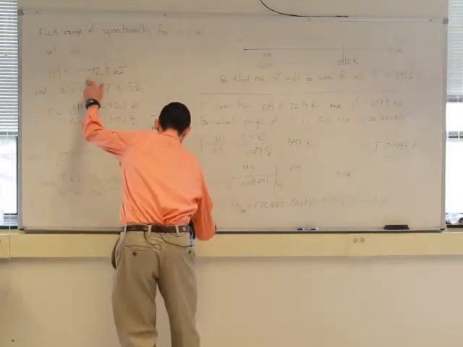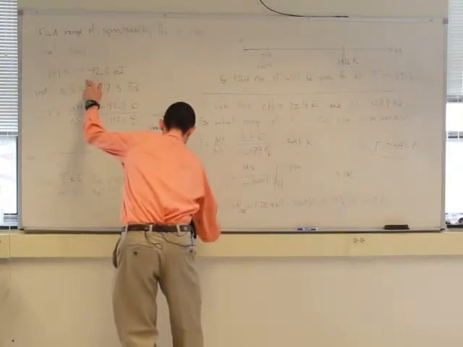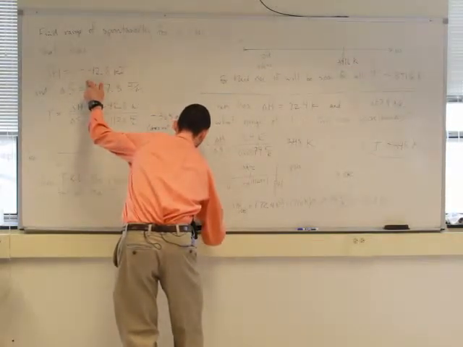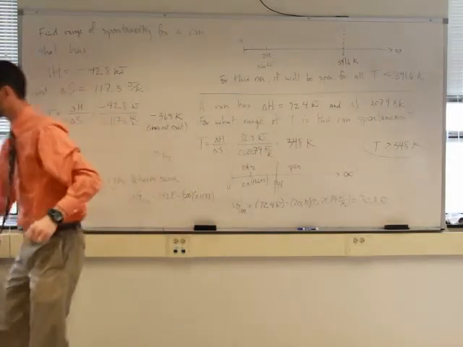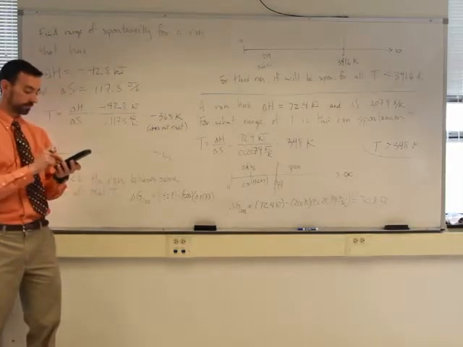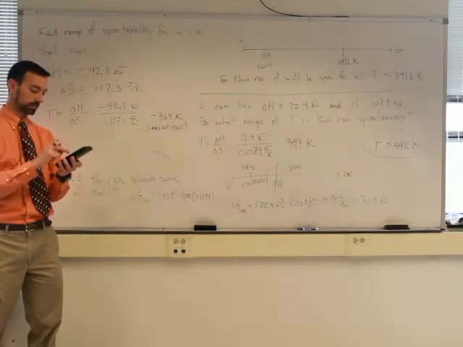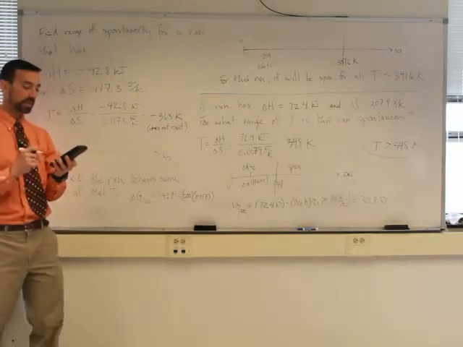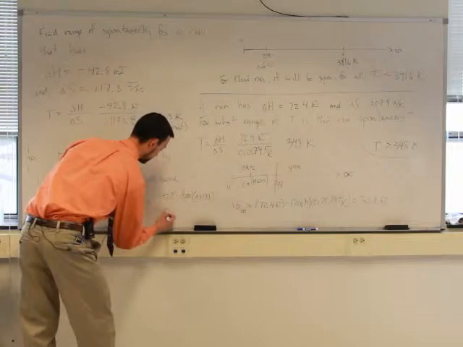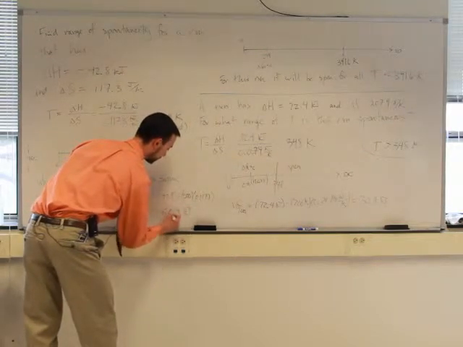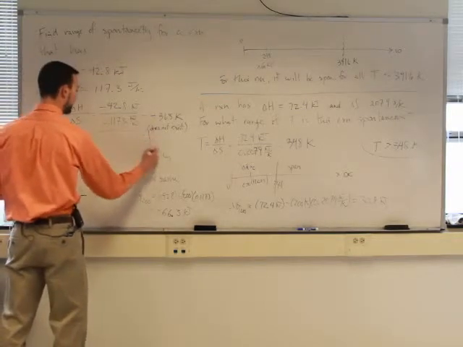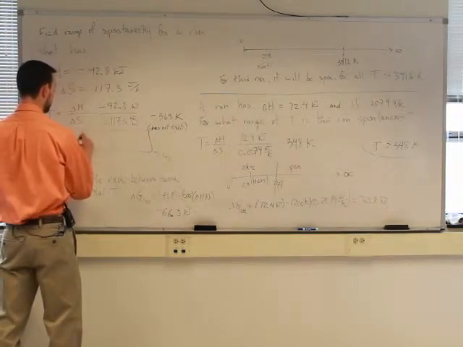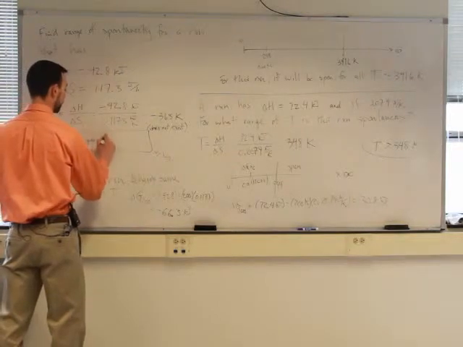So negative 42.8 minus 200 times 0.1173. Yep, negative 66.3 kilojoules.